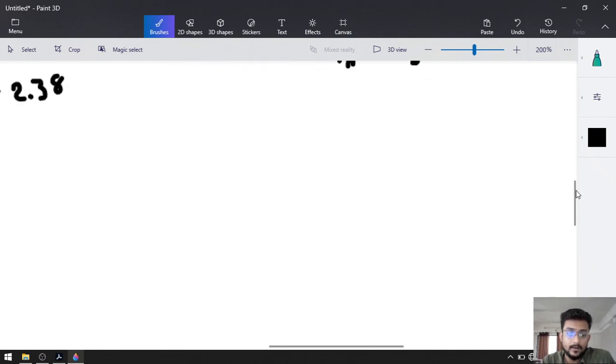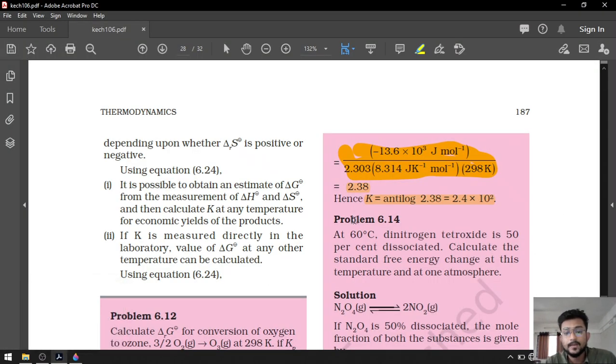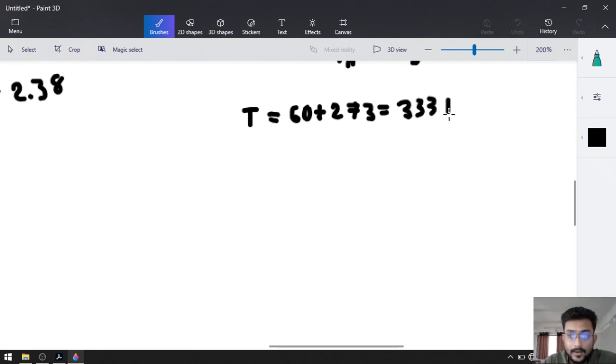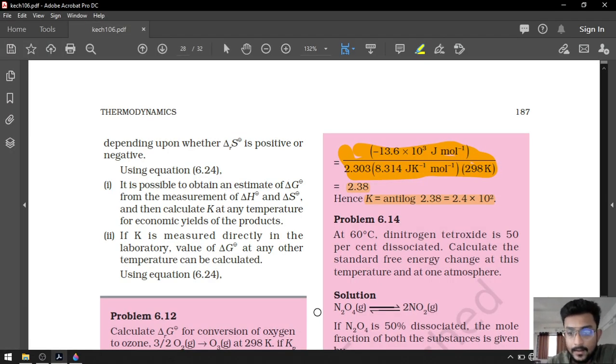Now look at the numerical. At 60 degrees Celsius, that's why the temperature has been given as 60 degrees Celsius. So 60 plus 273, temperature will be equal to 333 Kelvin. After that, dinitrogen tetroxide is 50% dissociated.